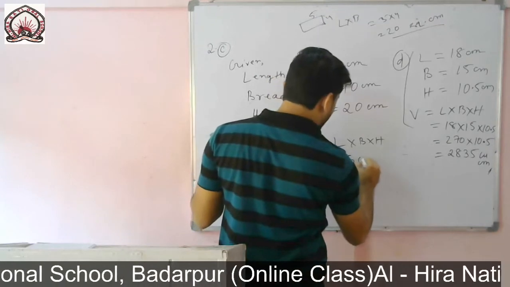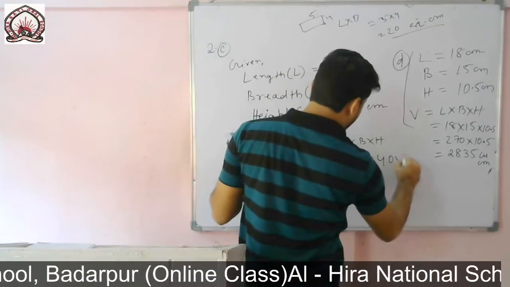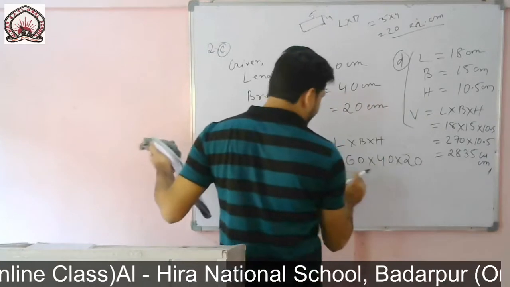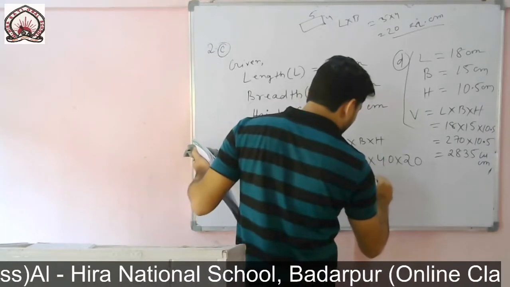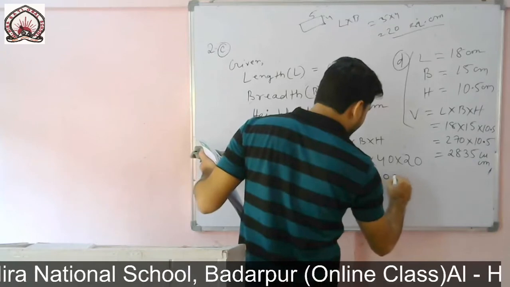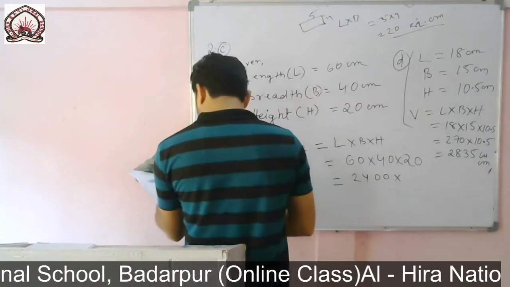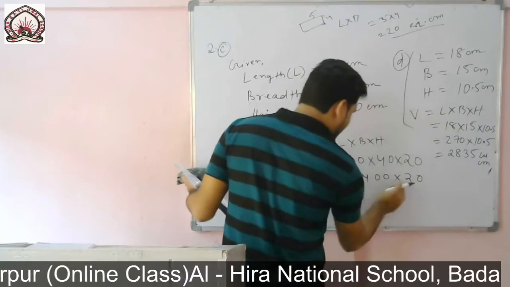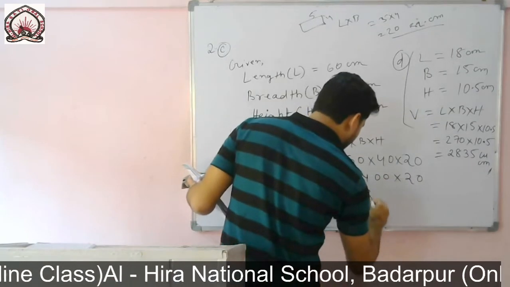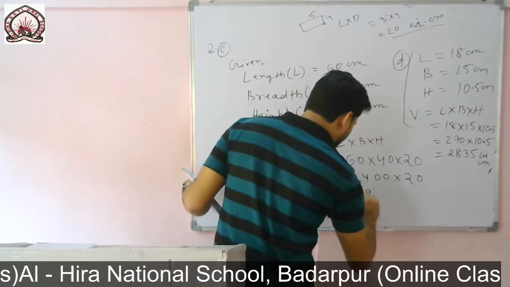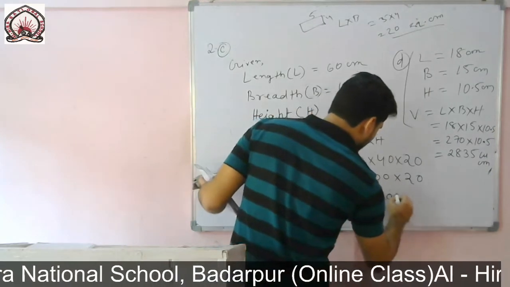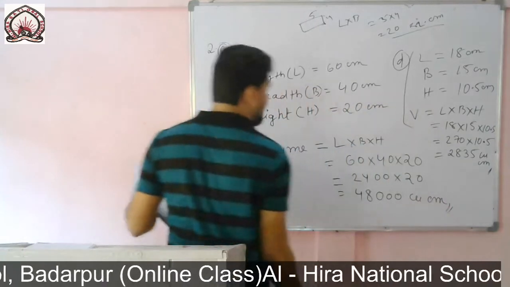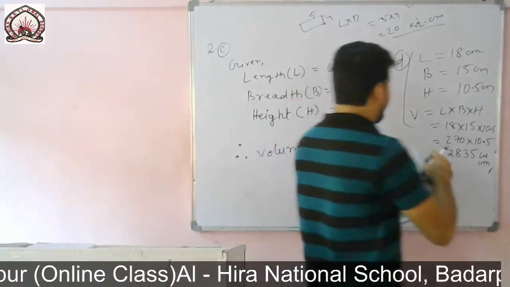So 60 into 40 into 20. 6 4s are 24 and 2 zeros, into 20. If you multiply, then 2 4s are 8, 2 2s are 4 and 3 zeros, cubic centimeter.